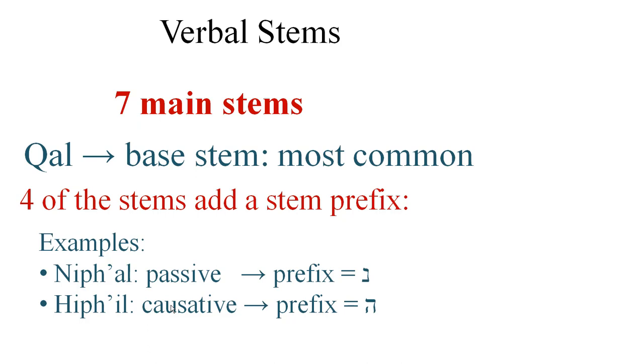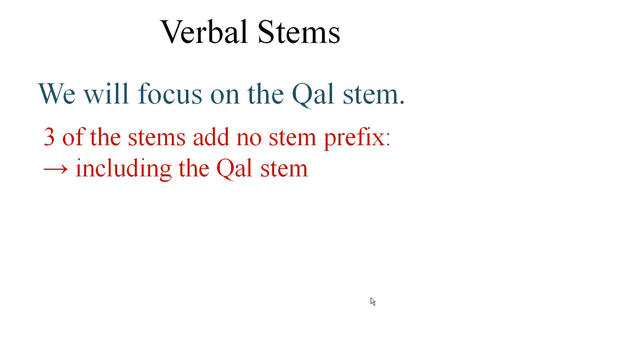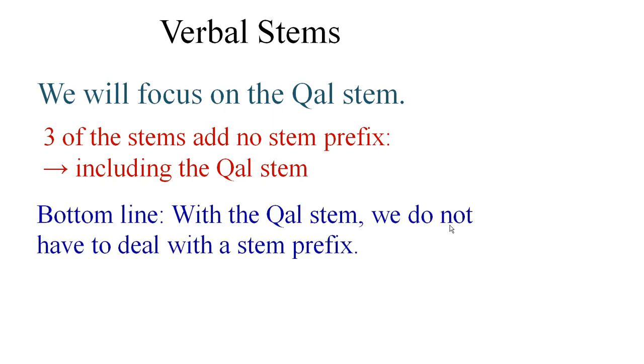This is a causative stem, and its prefix is a he. We will be focusing on the Qal stem exclusively for the time being. So 3 of the verbal stems add no stem prefix, and that includes the Qal stem. So the bottom line is that with the Qal stem, we do not have to deal with a stem prefix, and that makes our lives easier.